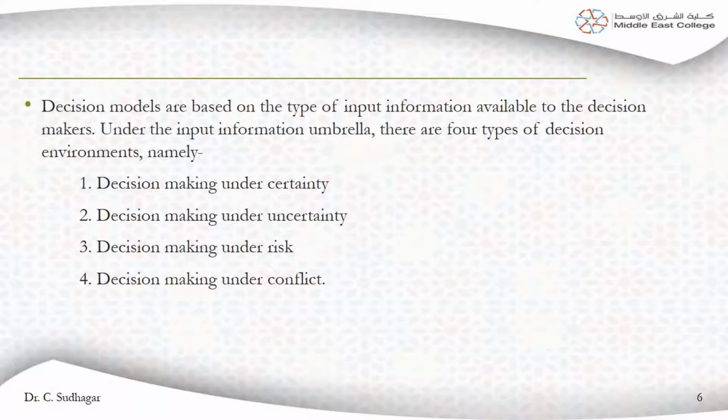You put a lot of money into that research and you try to find it. If you get that medicine, it is a very good success. But if you don't, then all the efforts and money you invested will be wasted. So decision making under risk is another decision. The last one is decision making under conflict. So these are the four types of decision for us.